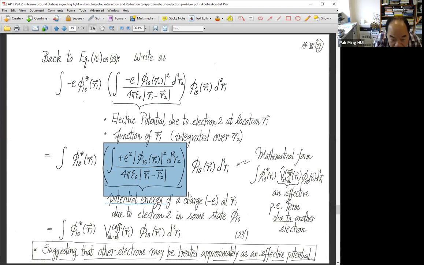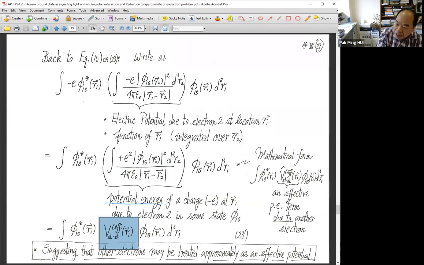Therefore, we can represent this as an effective potential due to R2 at the position of R1. This is one important step forward.